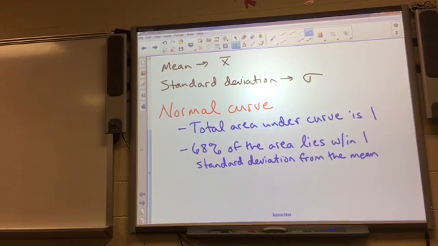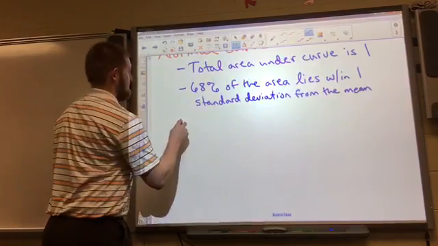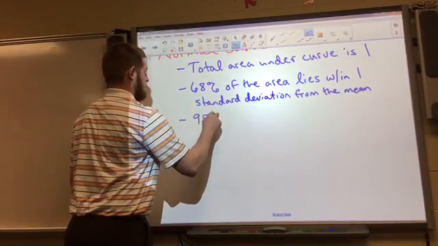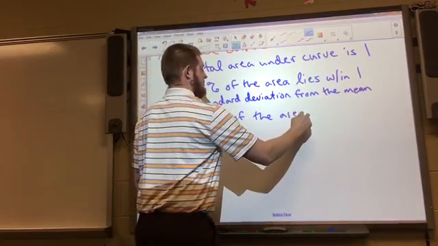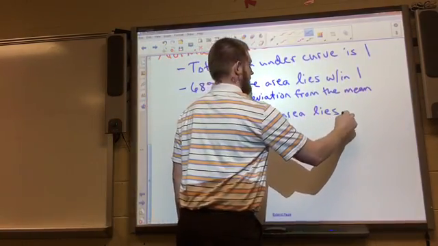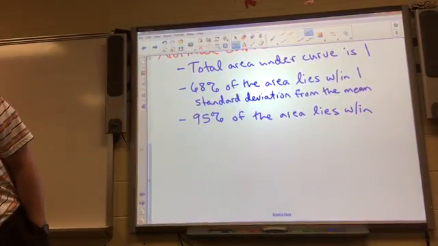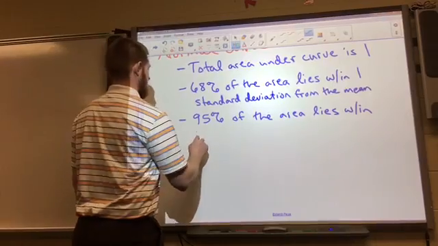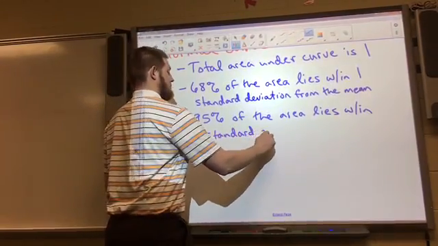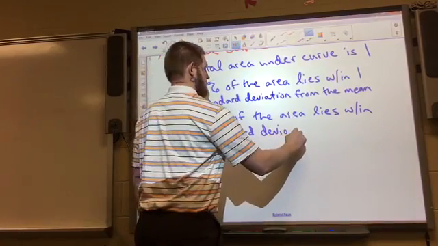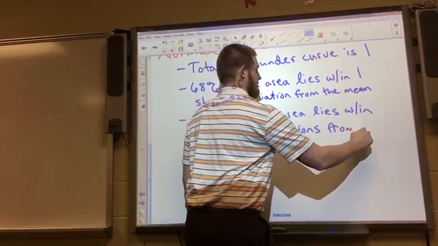The third rule we have is that 95% of the area lies within 2 standard deviations from the mean.